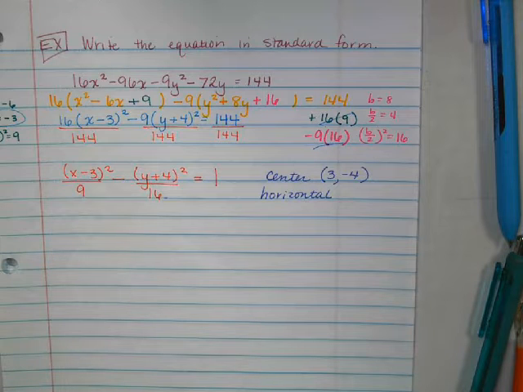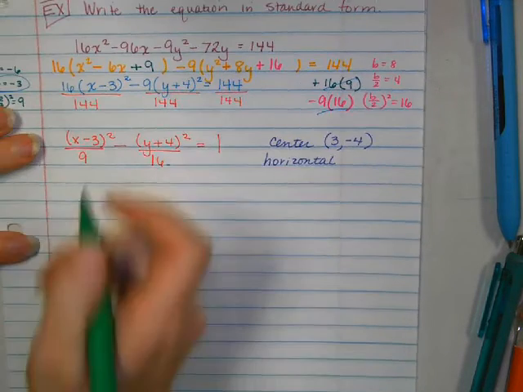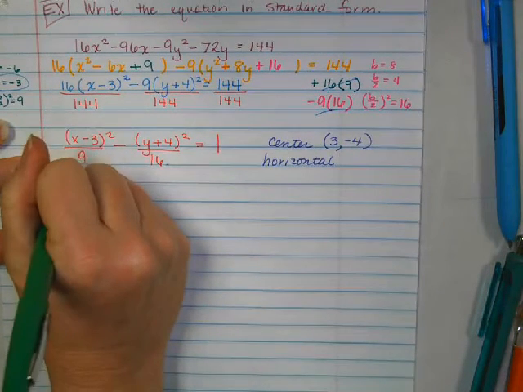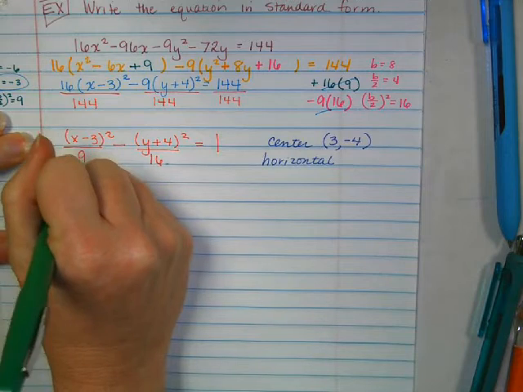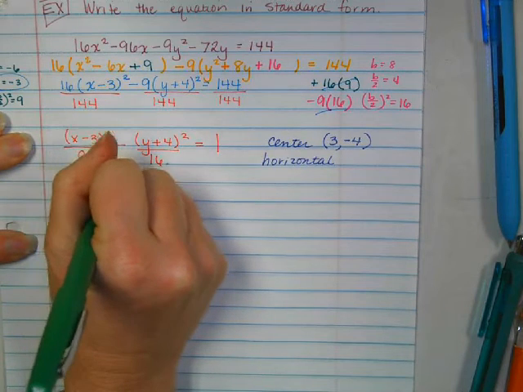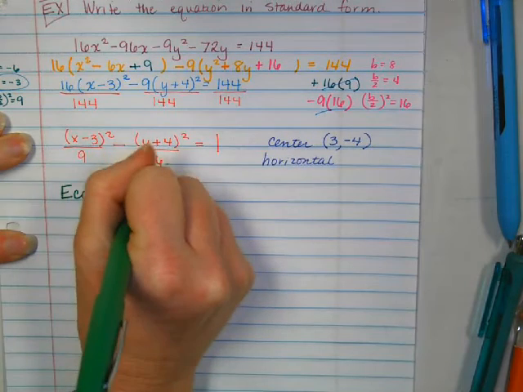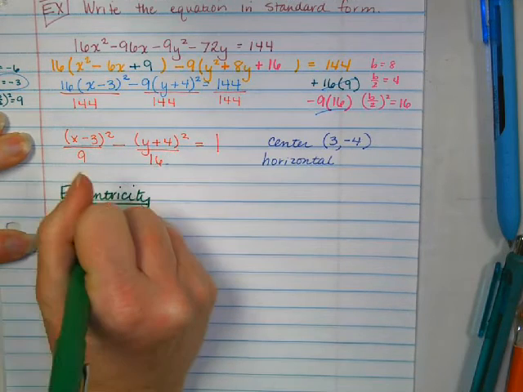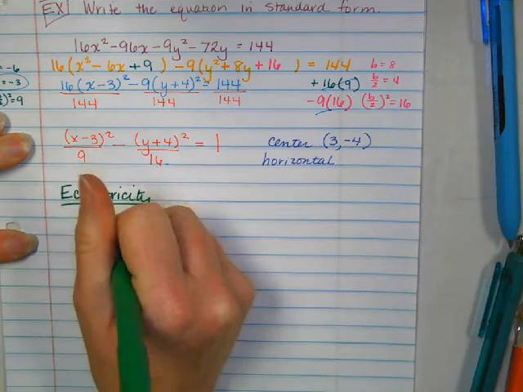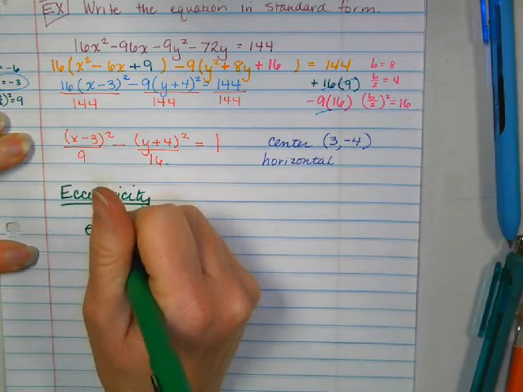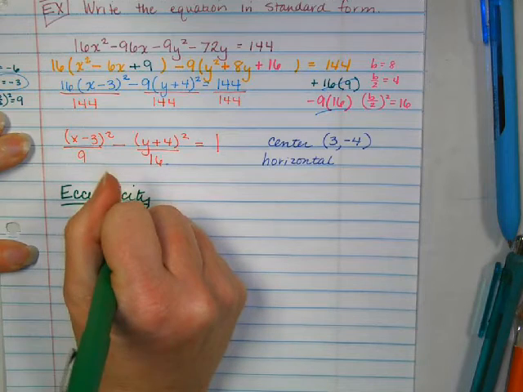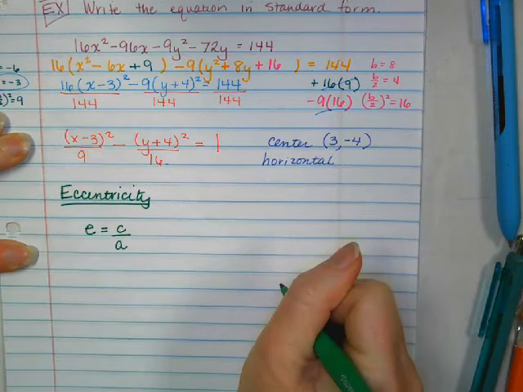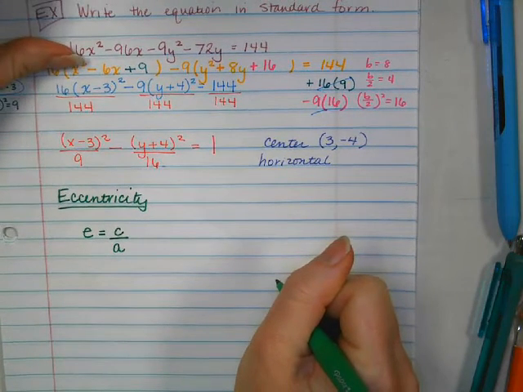That's what your eccentricity explains, the number. So the formula for eccentricity is e equals c over a. Oh, so it's the same formula.